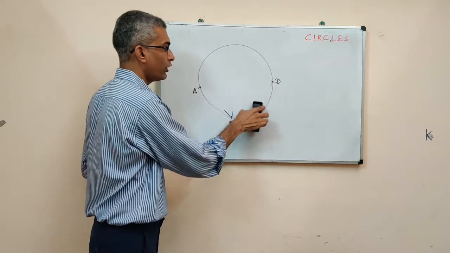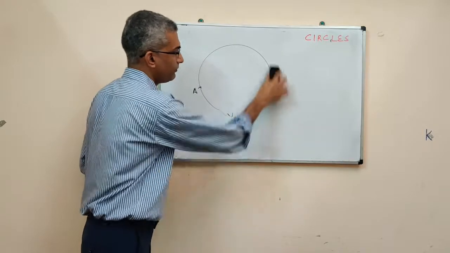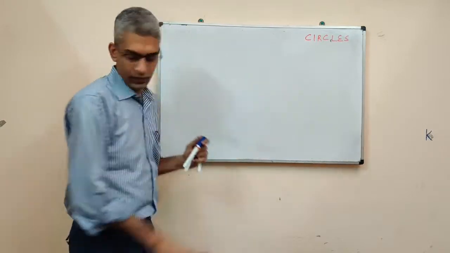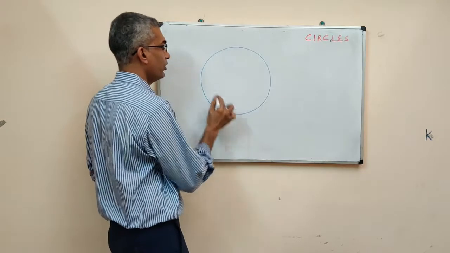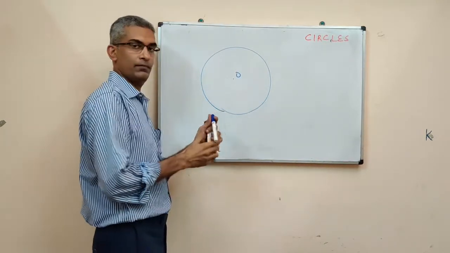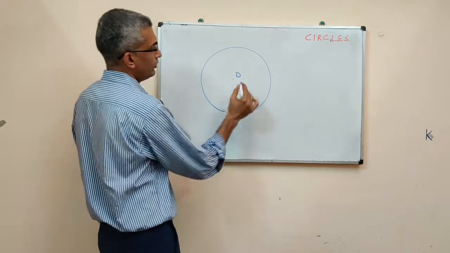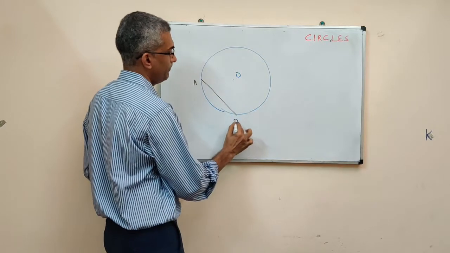Another property of a chord is the line segment drawn perpendicular from the center of the circle to the chord will bisect the chord. Look at this chord AB.